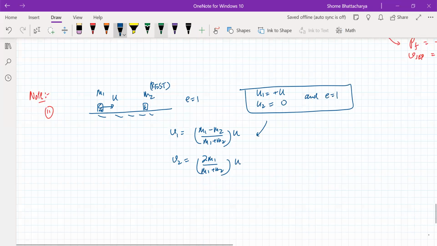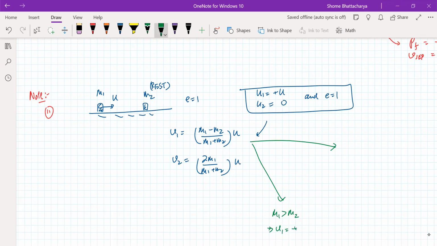So from this formula for V1, now we can see that there are two cases. If the colliding body is heavier than the body at rest, then V1 is positive. But if M1 is lighter than M2, then V1 becomes negative. That means M1 recoils back after impact. So after impact, M1 will have a V1 which is negative.